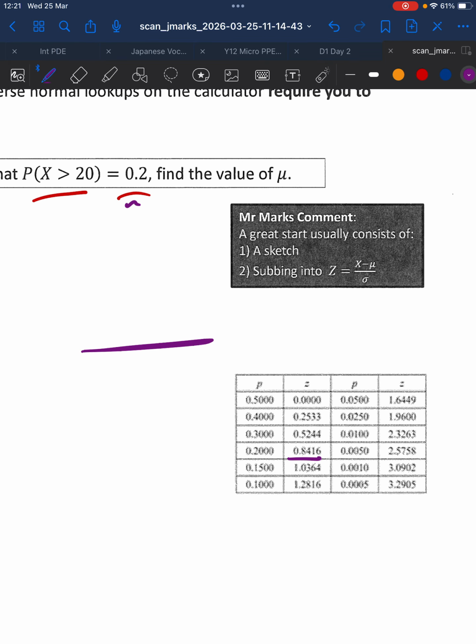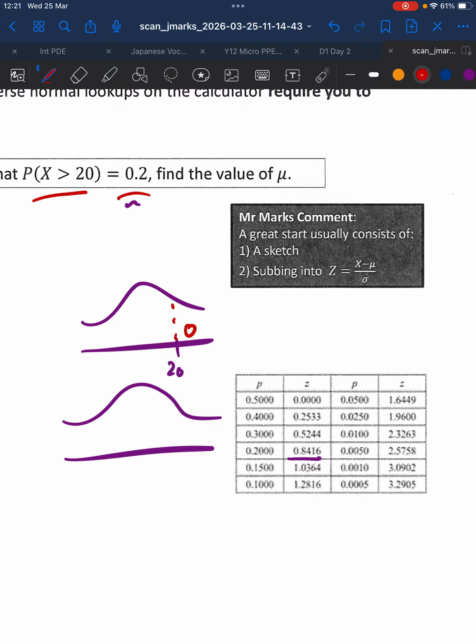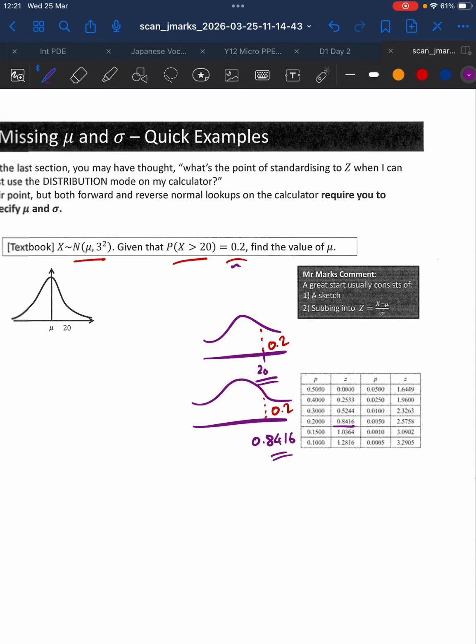It's said that it's larger than 20, so we do want the positive value here. So the value that lines up with 0.2 being above for the Z value is 0.8416. We've got then an X, we've got its corresponding Z value, and we've got a standard deviation there.